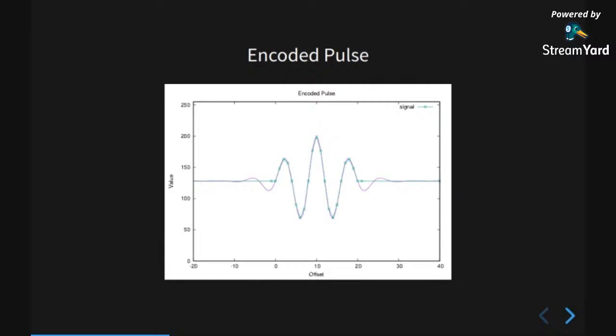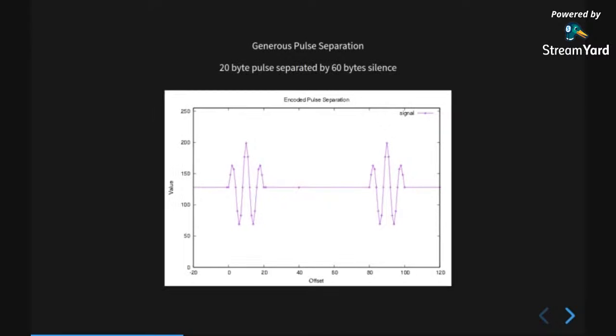So it's like 45, 90, 135, 180, etc. And then as well as the 20 byte pulse, I put lots of separation in between, to basically simplify the problem.